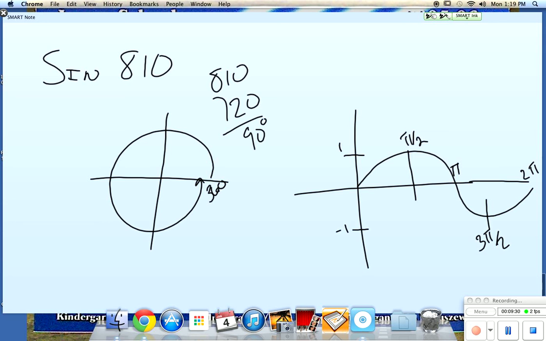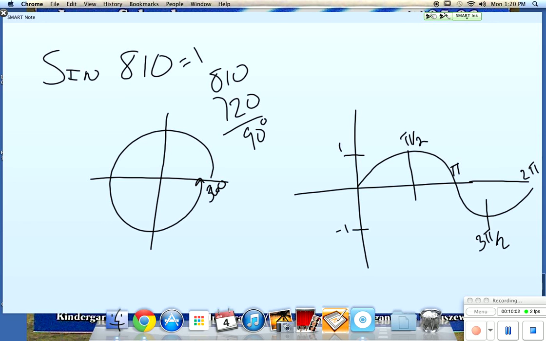This is negative 1. The sine of 810 degrees is like the sine of 90 degrees, which is 1. So this here equals 1. We don't have to use a calculator for this. We can determine that just by subtracting out our 360 degrees, knowing what our sine looks like.